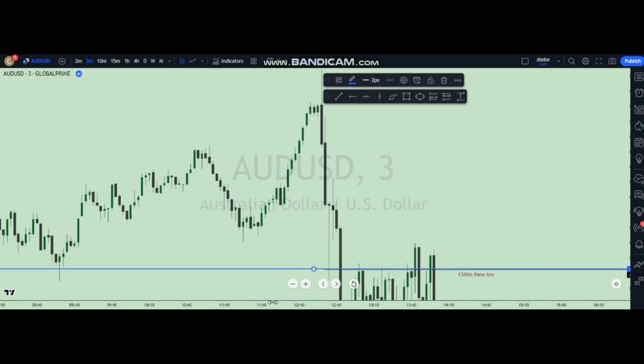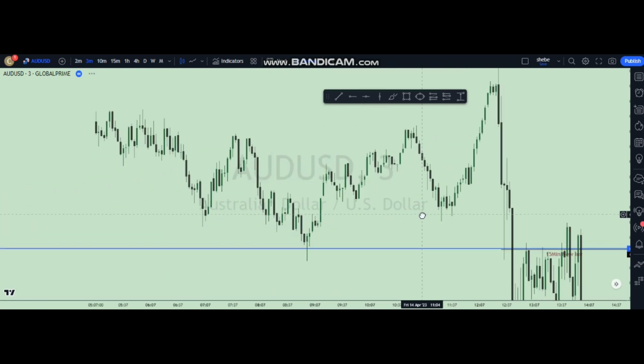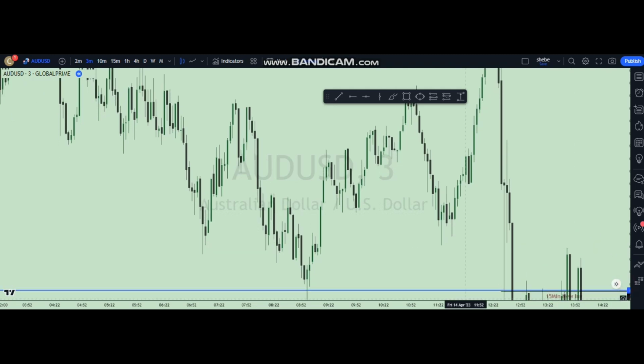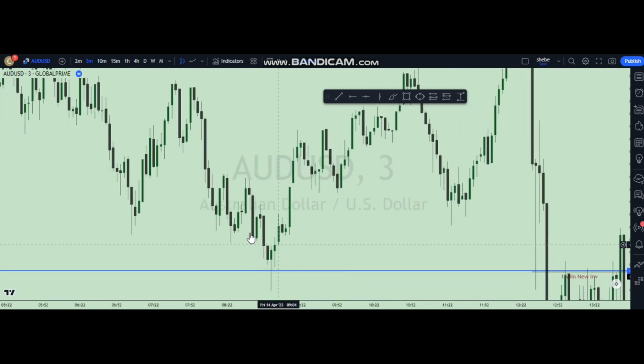Like I said, this was low, this was high, this was low, this was high, then this was low, this was high, this was low. If you look afresh over here, this was low, this was high, this was low, it was high, then the price broke, and this one is our invalidation point over here.